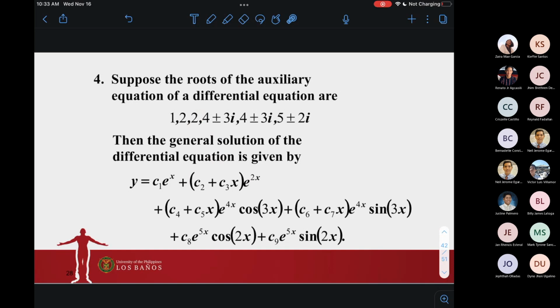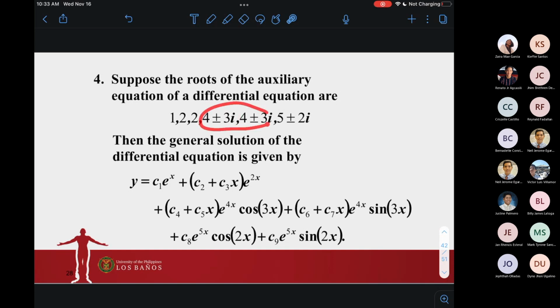All right? And then the next root of interest would be 4 plus or minus 3i. This is a complex root. Yeah, 4 plus or minus 3i is a root of multiplicity 2.